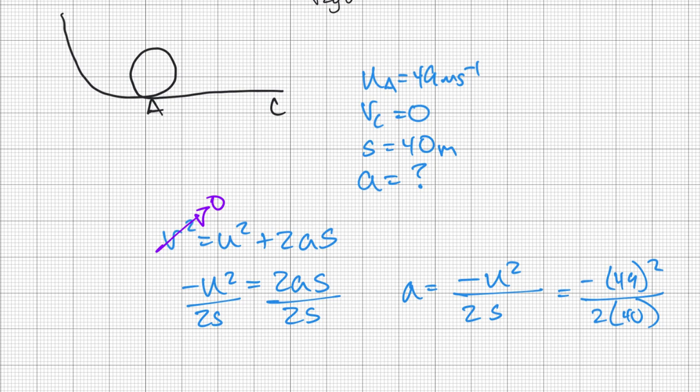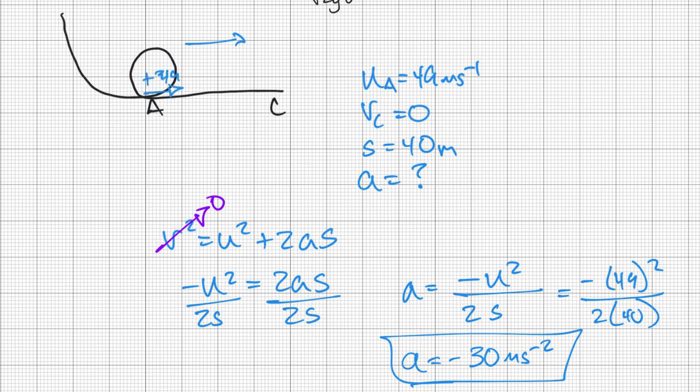And I would get an acceleration of negative 30 meters per second squared. And that negative should make sense, right? If this is the positive direction, by indicating that we had a positive 49 here, my acceleration then should be facing in the opposite direction, because we're causing it to slow down.